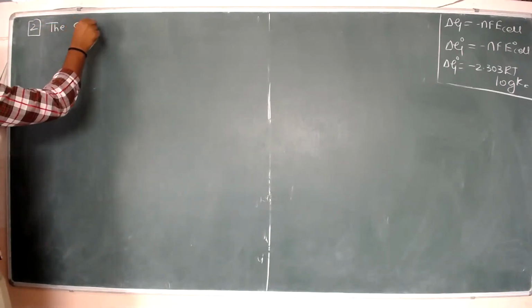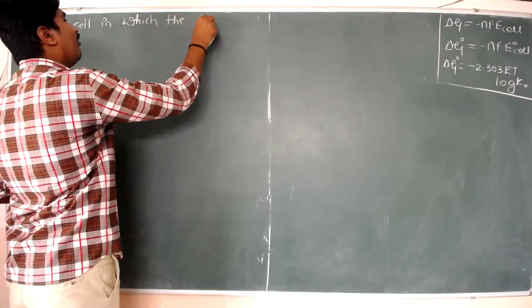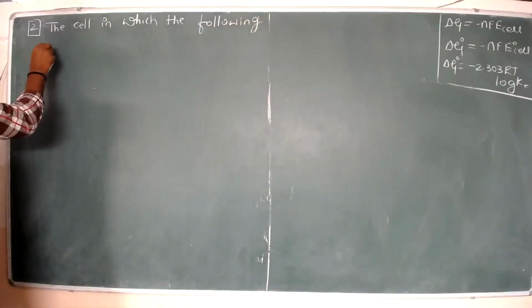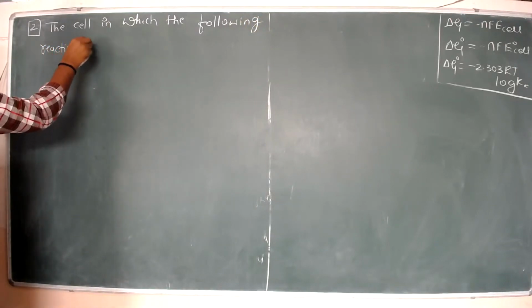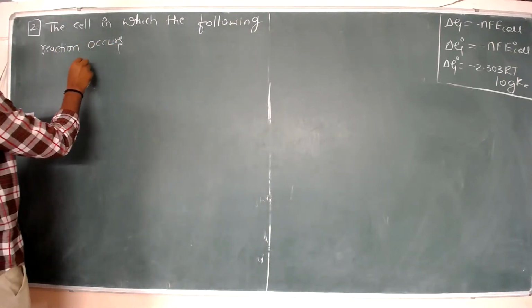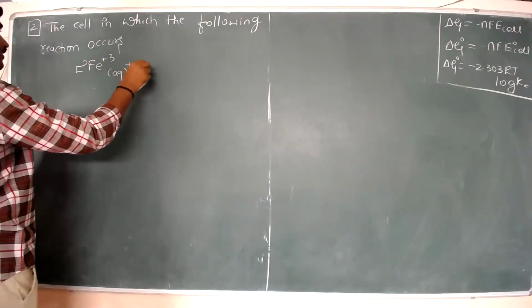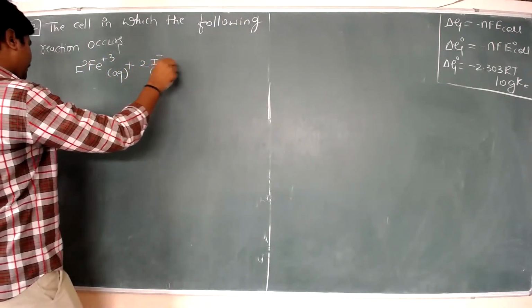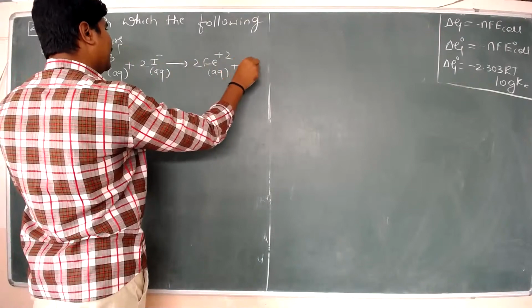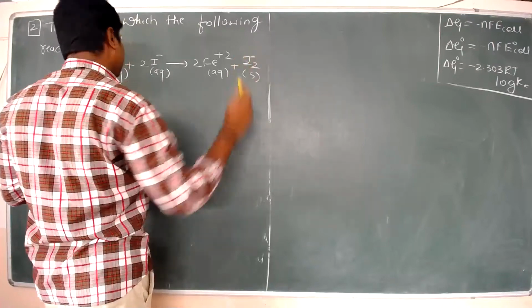Now the cell reaction I am writing here: 2 Fe3+ aqueous plus 2 I minus aqueous gives rise to 2 Fe2+ aqueous plus I2 solid.